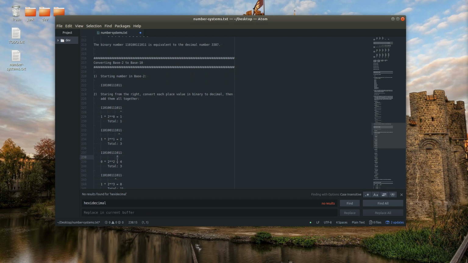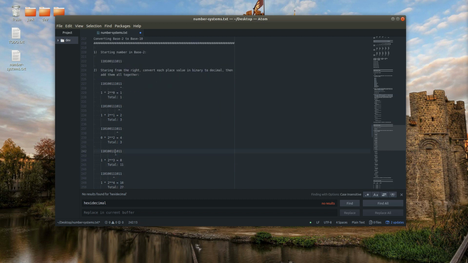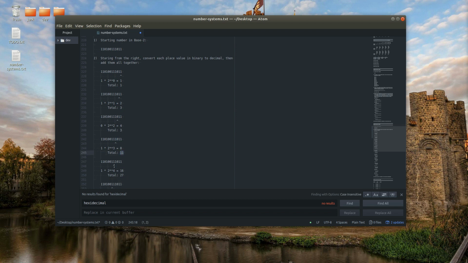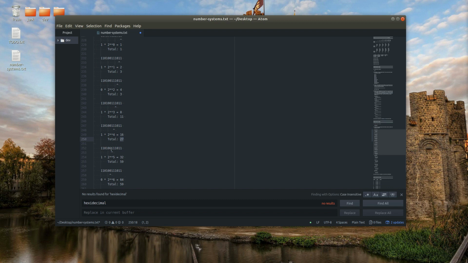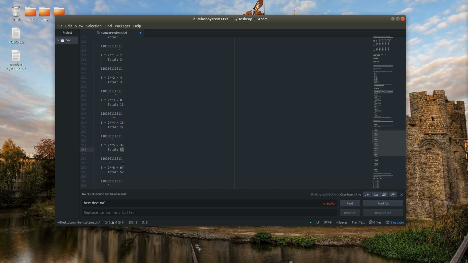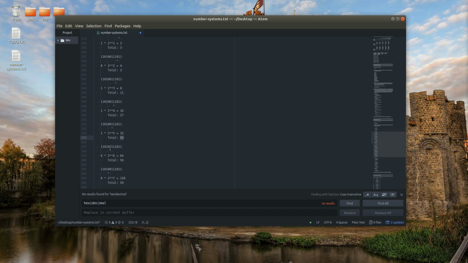We have 0 4's, so our total is still 3. We have 1 8, so we add that to 3, and we have 11. We have 1 16, so we add that to 11. You got 27. We have 1 32, so we add that to 27, and you get 59. We have 0 64s, so we're still at 59.